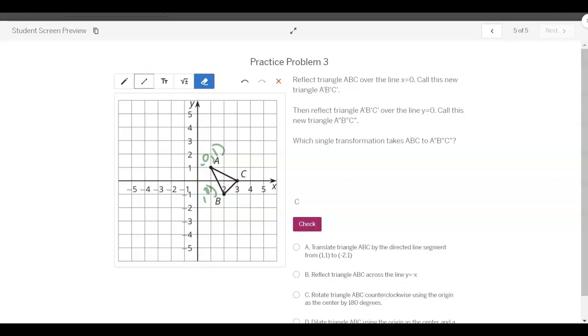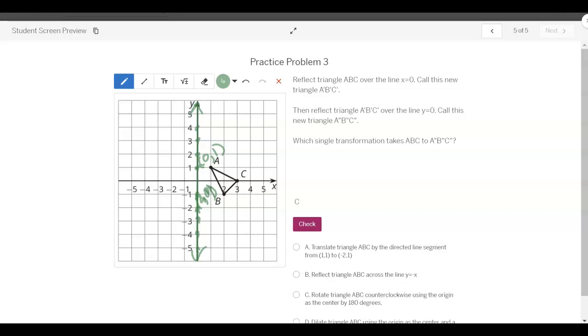And let's make this a little prettier and use the segment tool. There we go. Okay, so the y-axis is the same as x equals 0. Why? Because all of these points: x equals 0, y equals 1, x equals 0, y equals 2, x equals 0, y equals 3. So be careful. If it says x equals something, you're actually going to have a line that is vertical, going up and down. Okay?